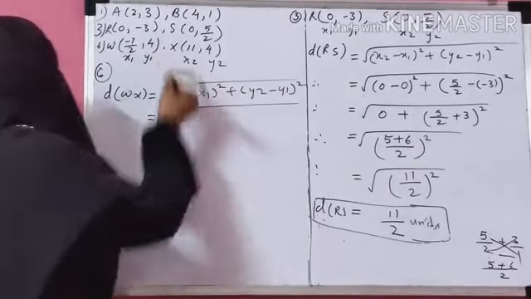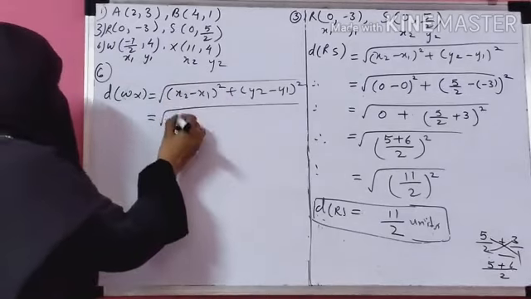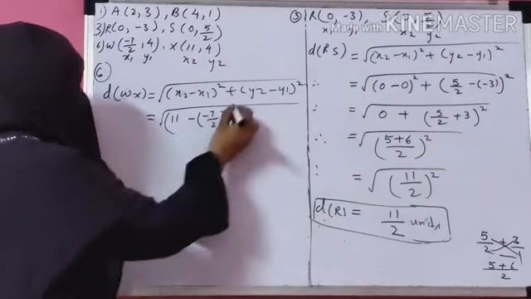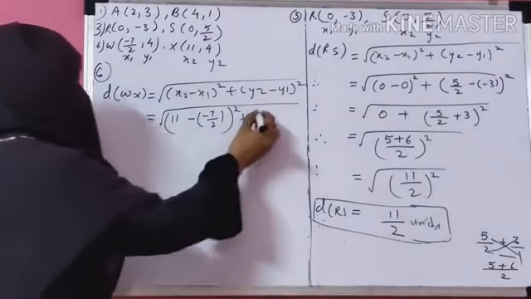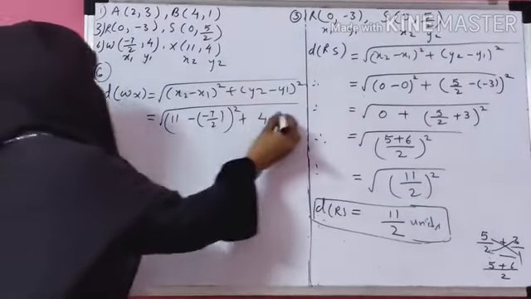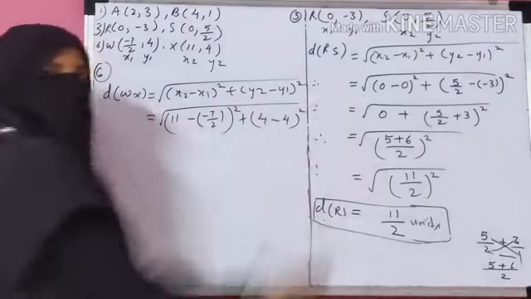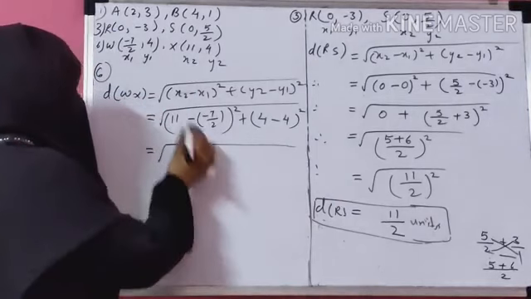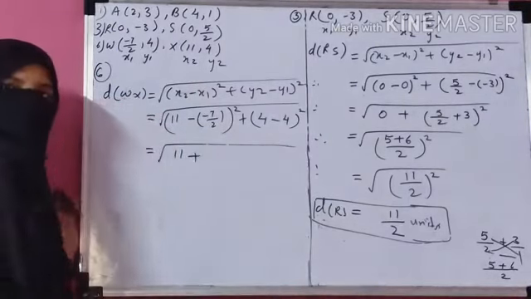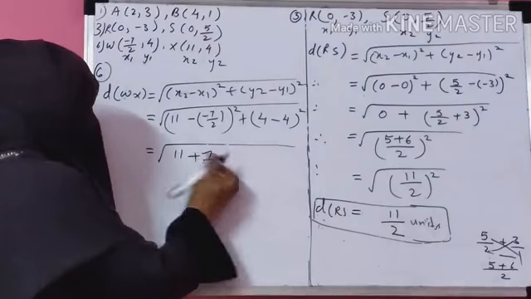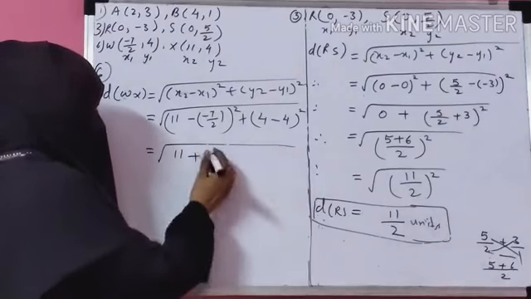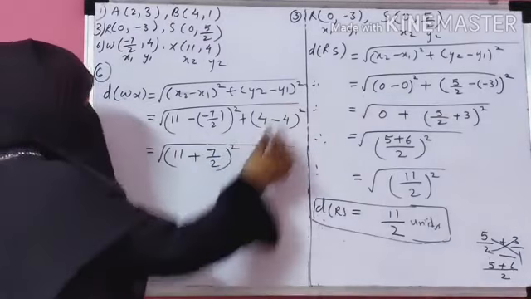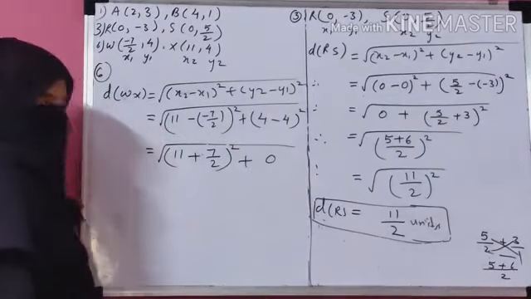X2 is 11 minus x1 is minus 7 upon 2, its whole bracket square, plus y2 is 4 minus y1 is also 4, whole bracket square. Okay. So next step, 11, minus minus becomes plus, 7 upon 2 whole bracket square. 4 minus 4 is 0. 0 square is 0.